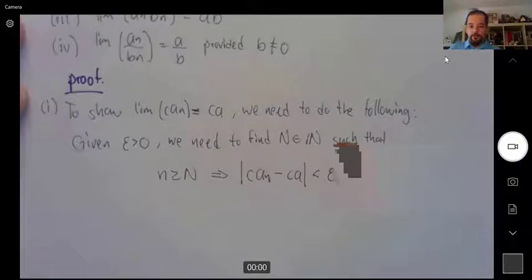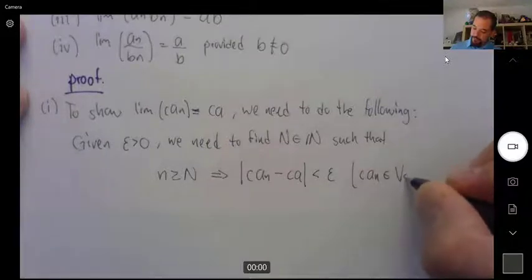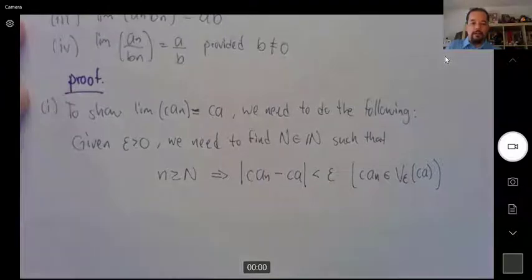It's epsilon close to cA, or alternatively, this c a_n belongs to the epsilon neighborhood centered at cA. That's an alternative way of saying the same thing. So that's what we need to do, okay?